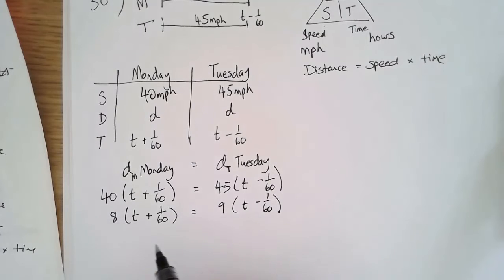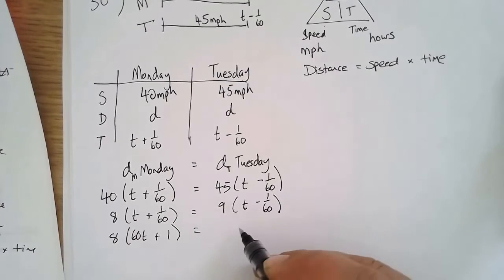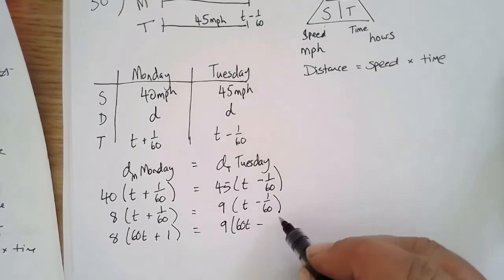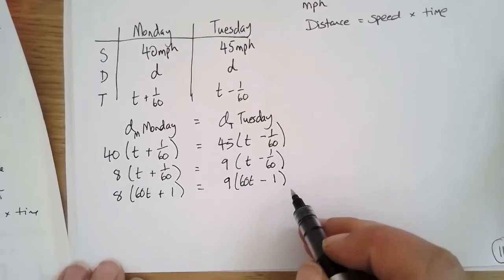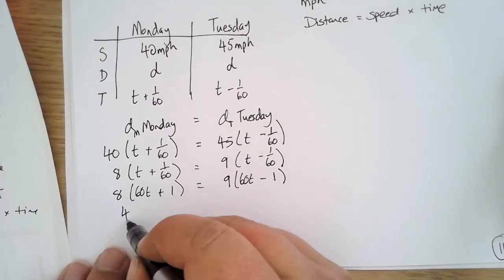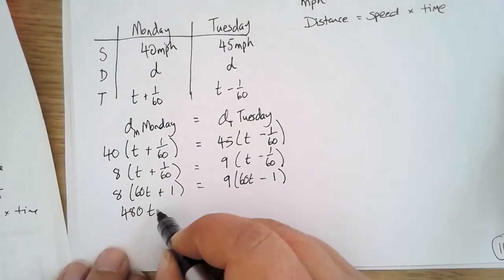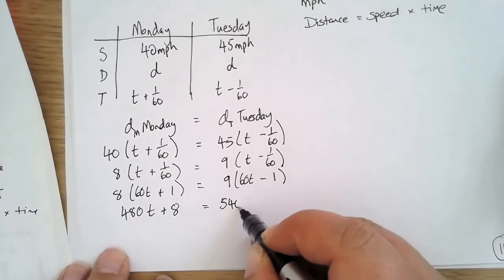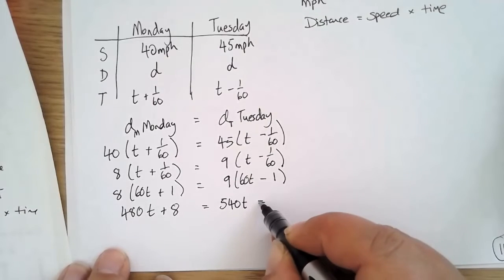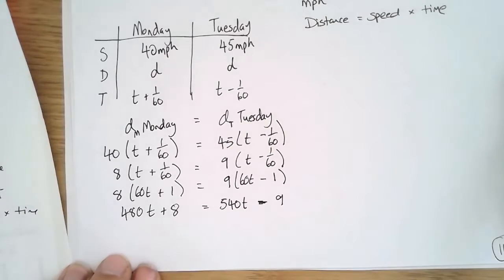I don't need to multiply the 8 and the 9 as well. Then I remove the brackets, expand my brackets. So that's a subtract 9.